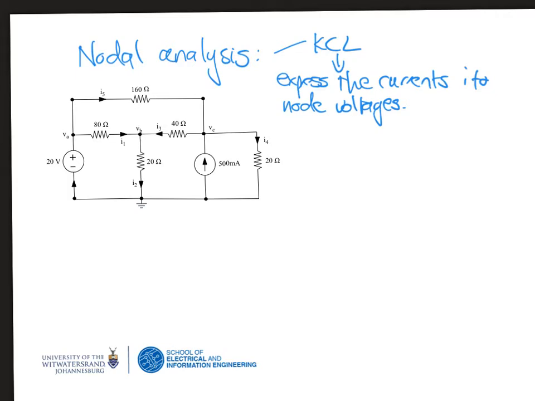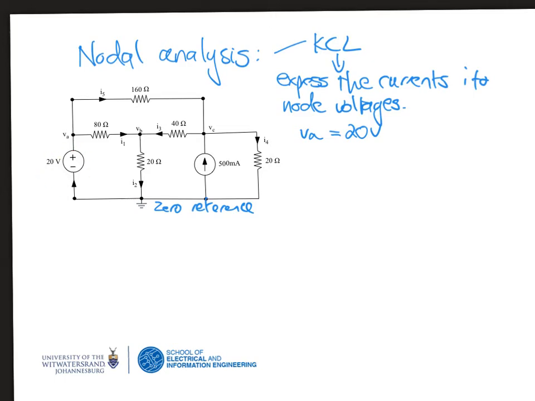So in this circuit, the node voltages are VA, VB, and VC. And if you look at the circuit, you can see immediately that VA is equal to 20 volts. That's because the only thing connected between ground, our zero reference voltage, and VA is that 20 volt source.